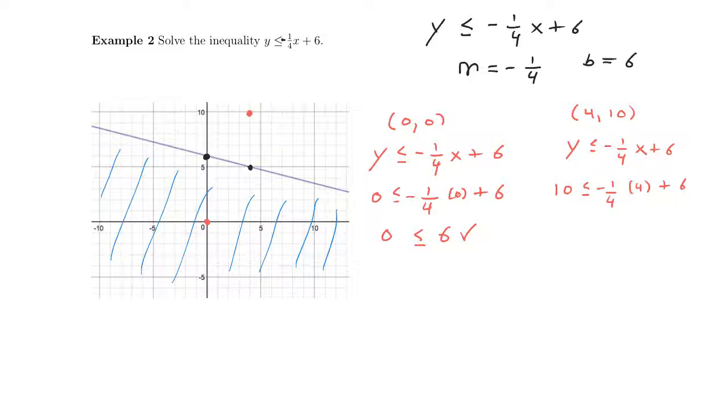And when I simplify it, the 4's cancel, so I'm left with just a -1. So that's 10 is less than or equal to -1 plus 6. And if I simplify it, 10 is less than or equal to 5. Okay, well that's false. And that means I would not include that point. So I'm pretty confident that we are actually below the line, and those are all of the points that work.